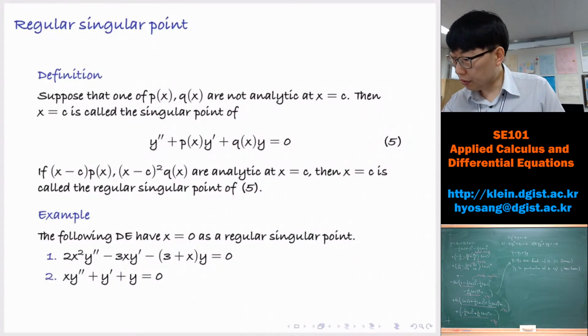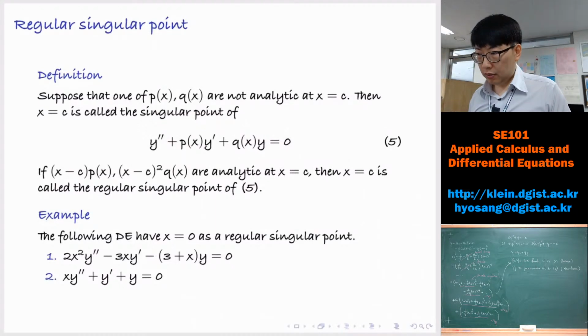So what we are trying to do with the regular singular point is find a singular solution. It's not trying to find the solution to the initial value problem. I'm simply trying to find a solution that works near a singular point, but not at the singular point. Okay, you will see what it means at the end.